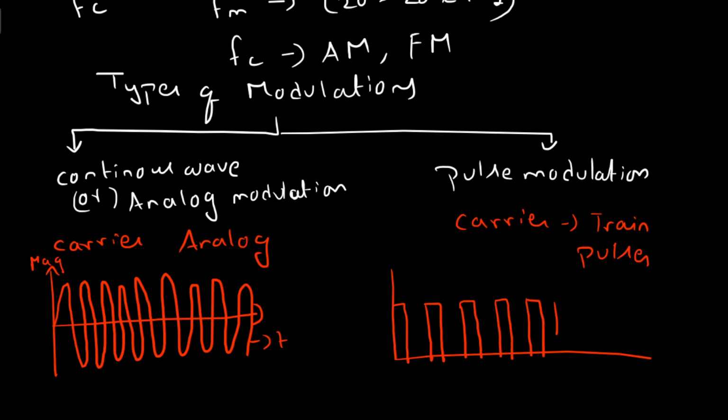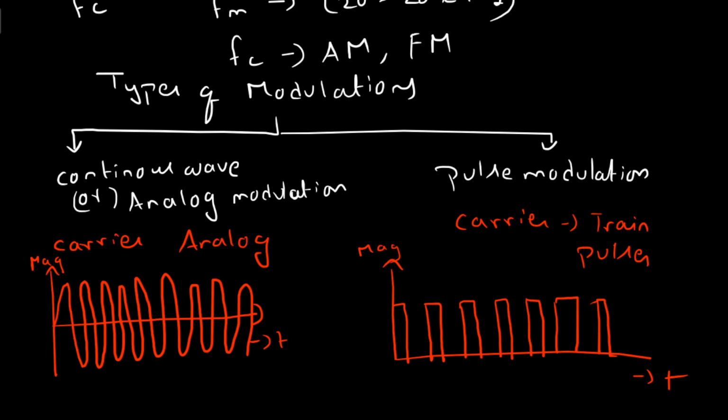Depending upon the type of carrier you are taking, the modulation will change. This is the difference between continuous wave modulation and pulse modulation.